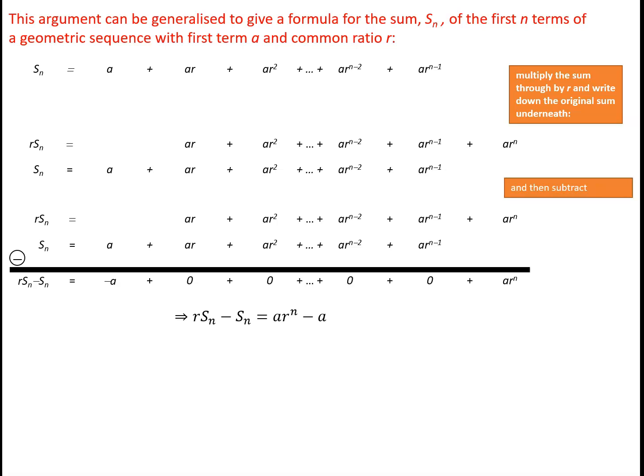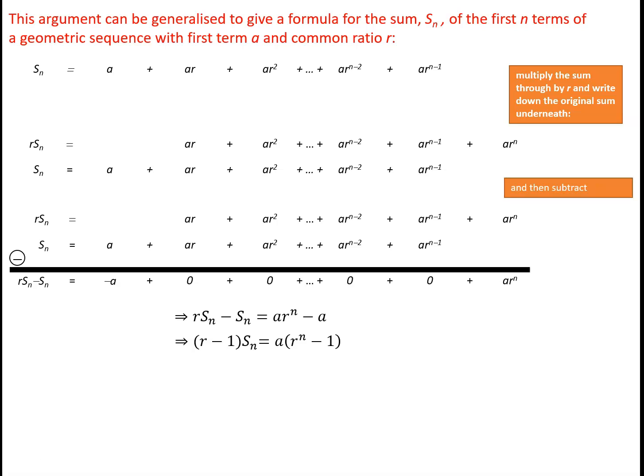Doing a little bit of factorisation on the left hand side and a little bit of factorisation on the right hand side, we can write this as being Sn times r minus 1 equals a times r to the n take away 1.